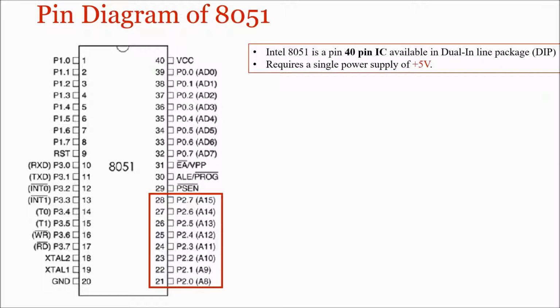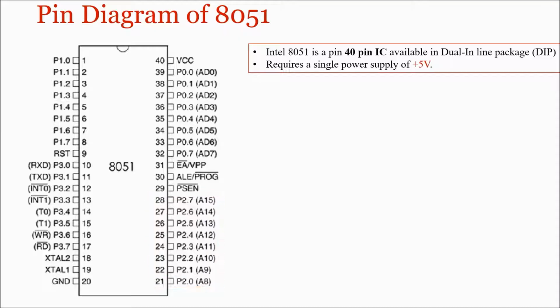Along with input-output, port 2 also has the function of the higher 8-bit address bus. So the lower 8-bit data bus and lower 8-bit address bus are of port 0, and the higher 8-bit address bus is of port 2.